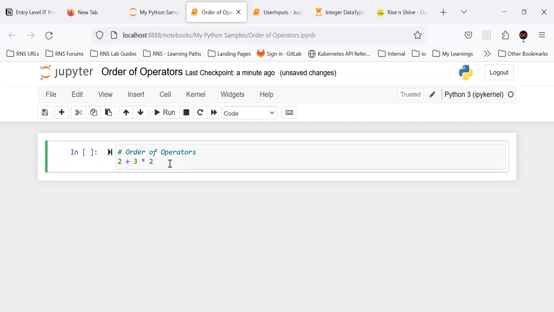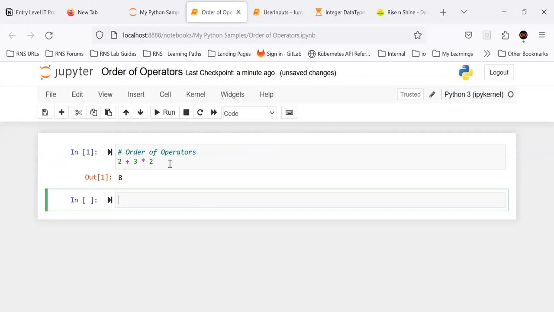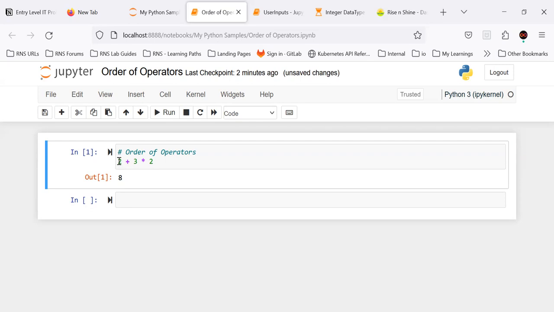If I run this program, we get the output as 8. Why is it 8? Arithmetic operators are performed left to right or right to left? Left to right.